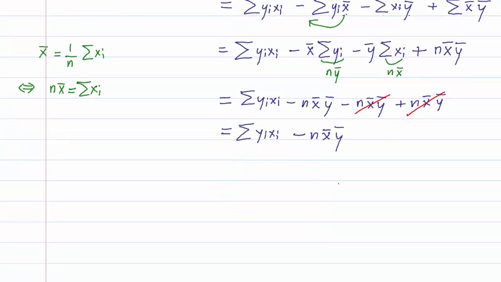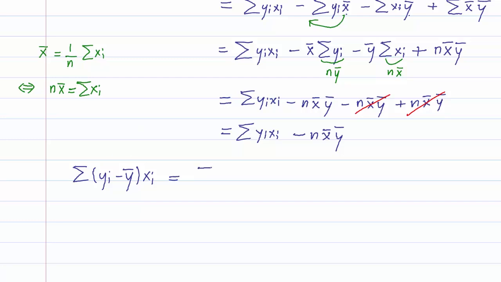Now something here that we should note quickly is that if I take yi minus y bar and I just take xi, I don't take xi minus x bar. Let me distribute the x again here.